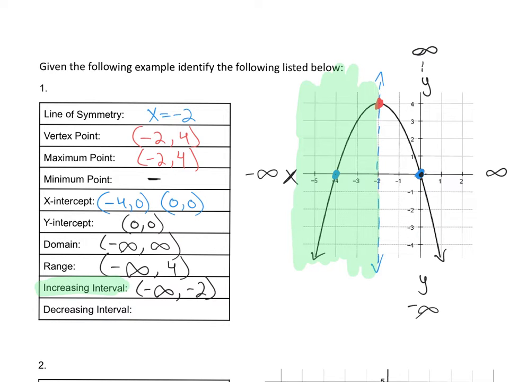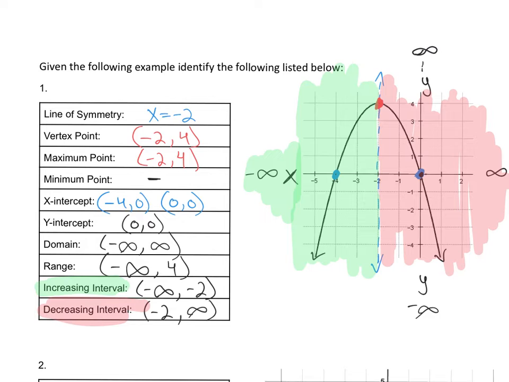Right there at negative 2, you can see that's the x value of our point of inflection, where we go from increasing to decreasing. So I'm going to highlight the decreasing interval now. As you can see, I've highlighted the decreasing interval in red. Looking at the x values where it is decreasing, it starts decreasing at the x value of negative 2 and continues decreasing all the way to the x value of positive infinity.